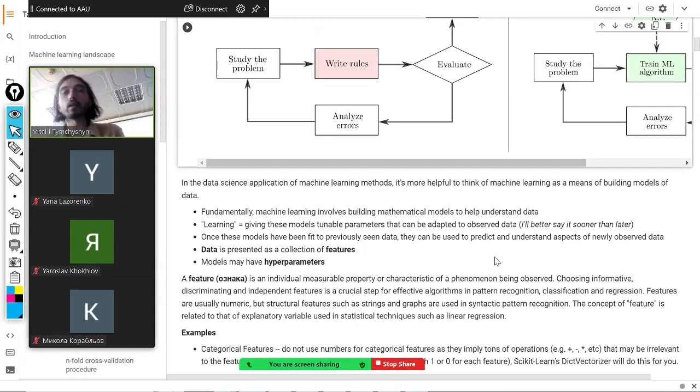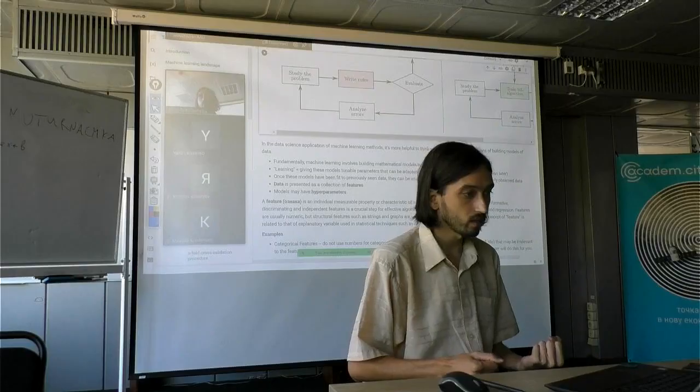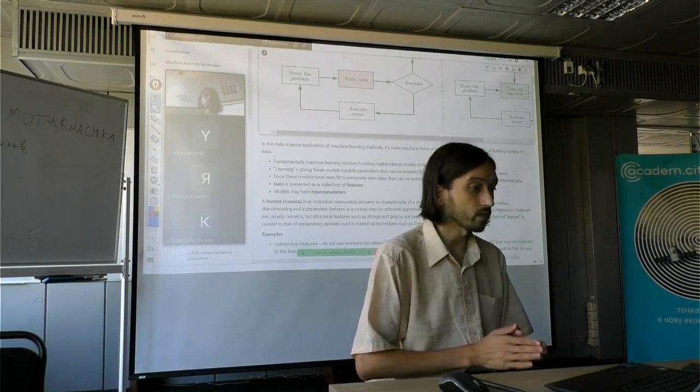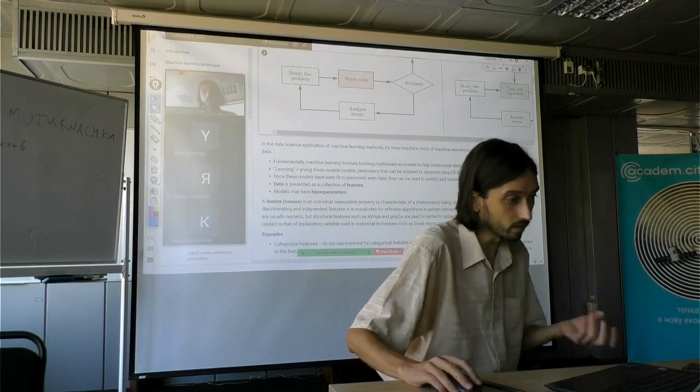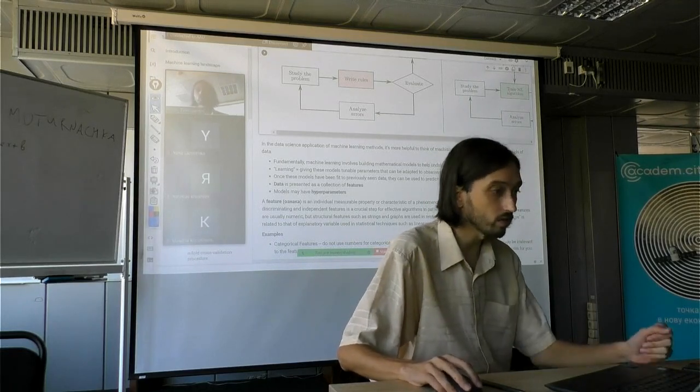Okay, let's quickly go through the rest of the things I wanted to say. First of all, fundamentally, what is machine learning? It's basically about building mathematical models that help us understand data. So basically, it's building models. That is the essence of machine learning.